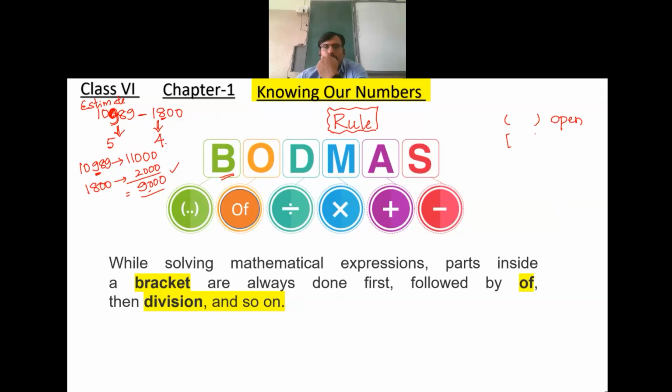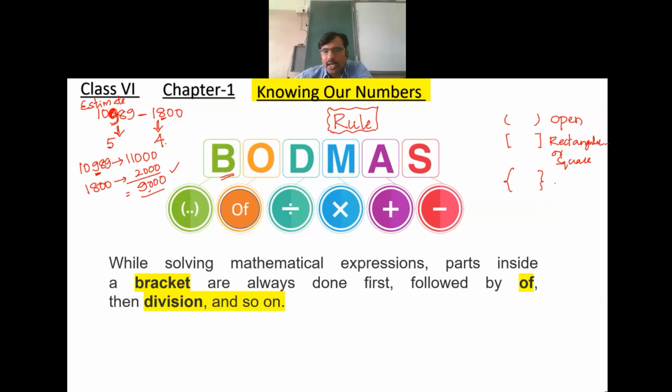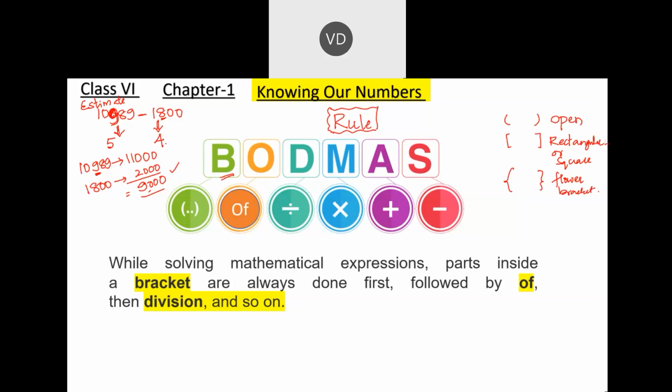These are called the square bracket. Curly bracket, also called the flower bracket. The bar bracket.